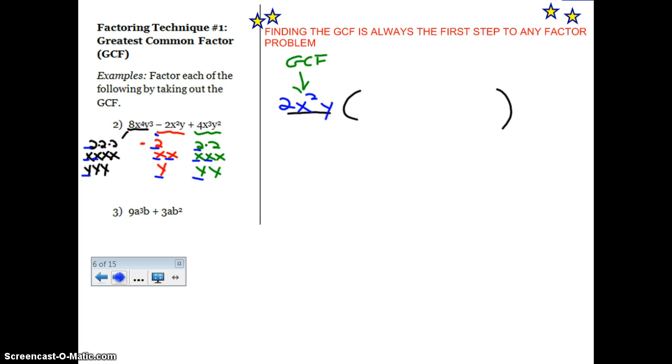So let's put the rest back inside. Everything that wasn't underlined, we're going to multiply back together. Meaning this 2 times 2 is 4. We had x squared left over and y squared left over from that term.